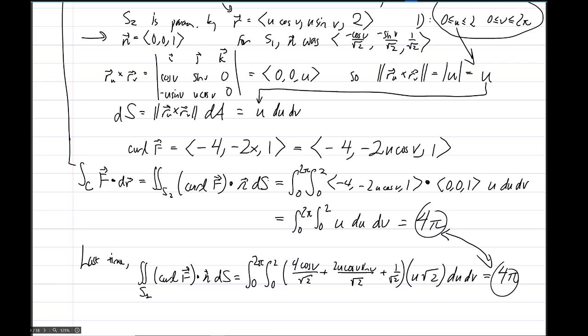But instead of even doing that, reusing Stokes' theorem to look at the integral of, again, the curl of the vector field over a new surface. It's just that both surfaces happen to share the same boundary.